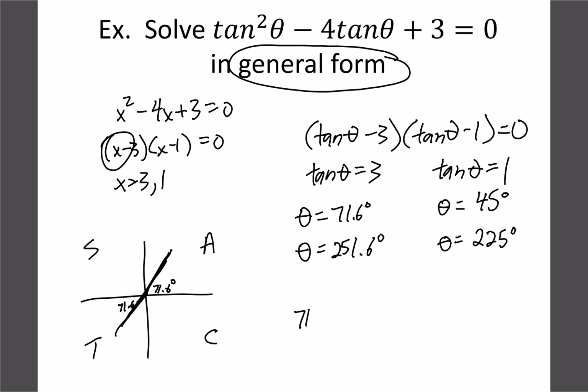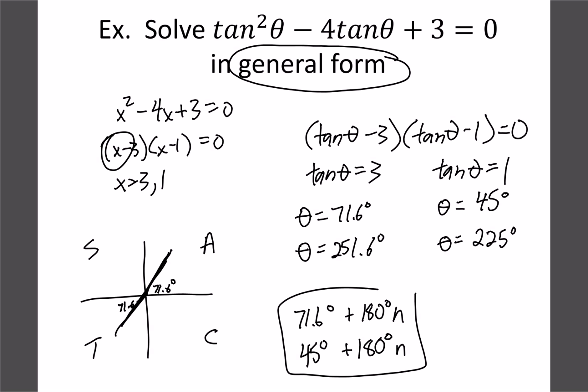So our first solution would be 71.6 degrees plus 180, because 180 plus 71.6 would give us the 251.6. Add another 180, that would give us the next one, and so on. So we just write it as plus 180n, and our second one would be 45 degrees plus 180n, and we're done. If we wanted to do it in radians, it'd be the same thing, but we just add on a pi instead. And that's all.